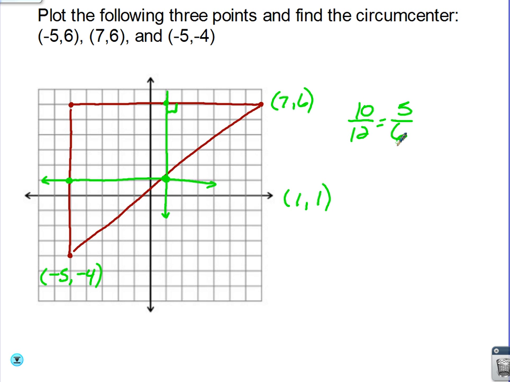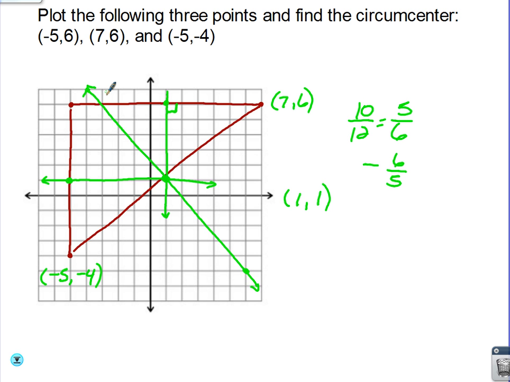So if I want to draw a line that's perpendicular to that, I'll simply draw a line that has a slope of -6/5. So go down from this dot that is on the line, go down 1, 2, 3, 4, 5, 6, left 1, 2, 3, 4, 5, or go up 6, left 5.